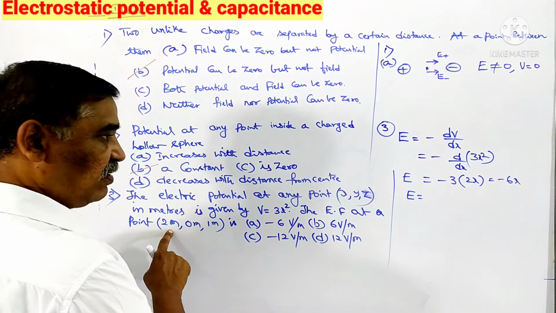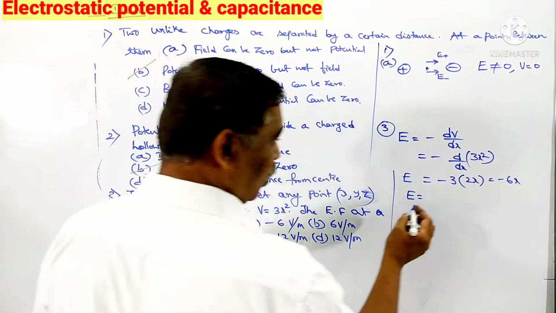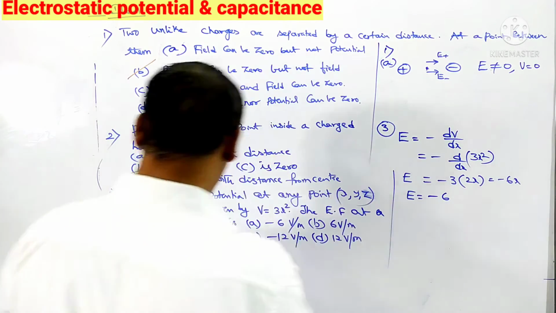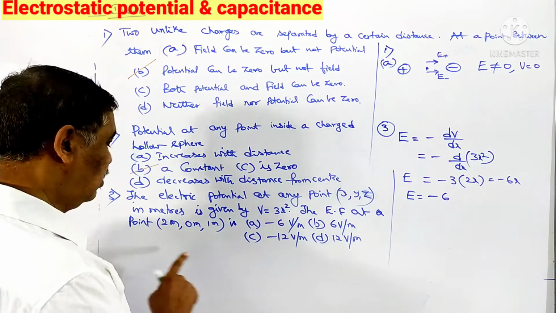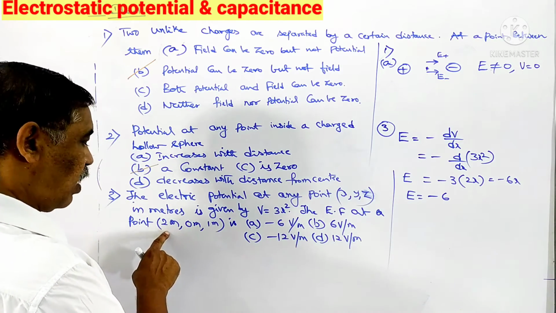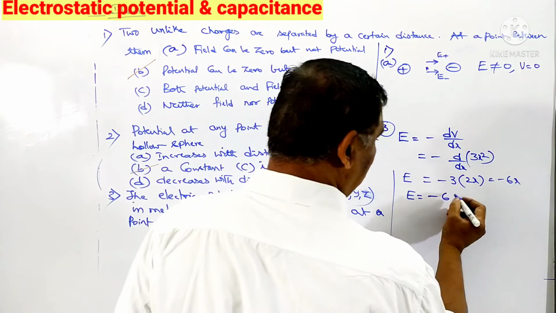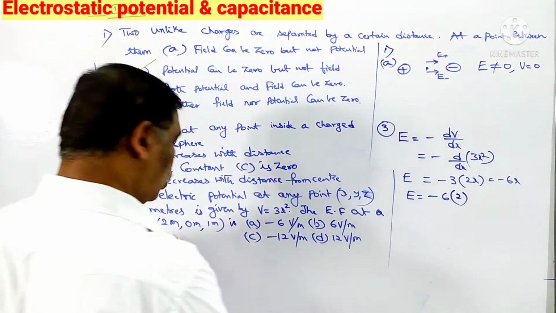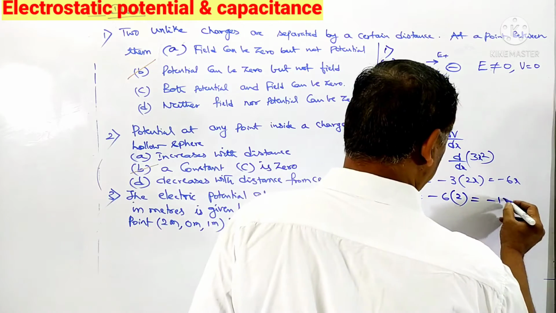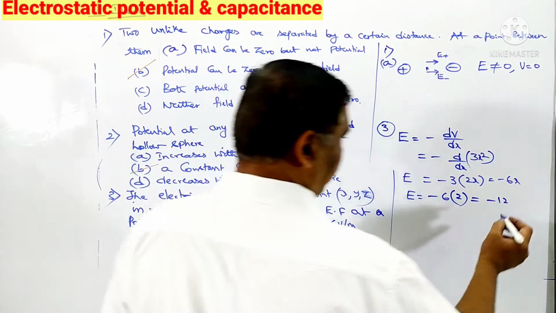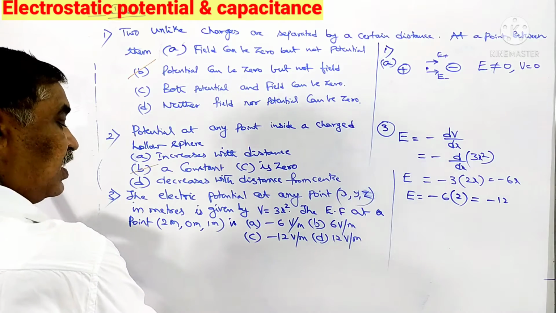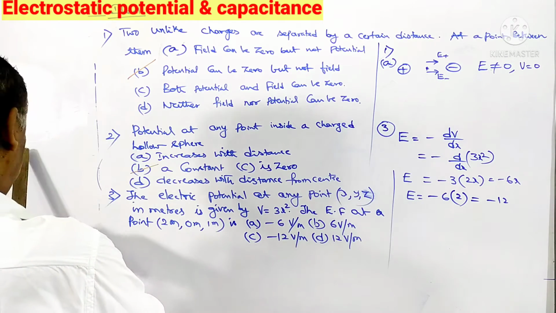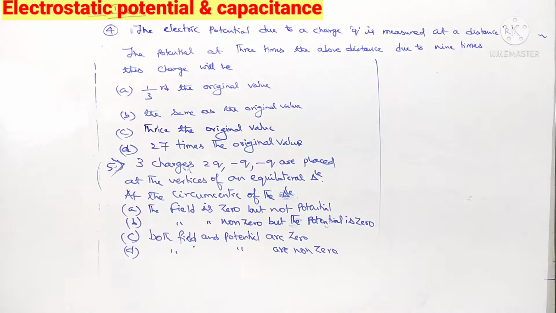At the point 2 meter, 0 meter, 1 meter, we are asked to find electric field. So substitute the x coordinate 2 meter, only x is available: minus 6 into 2. I will get minus 12 volt per meter. So minus 12 is in option C. That is the answer for this question.